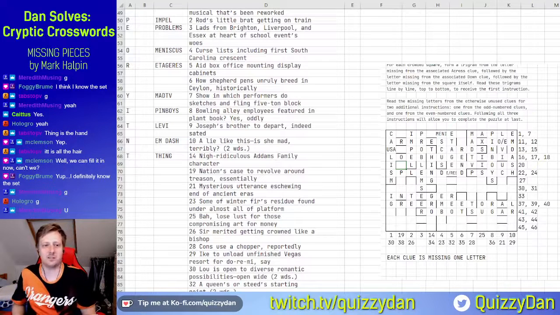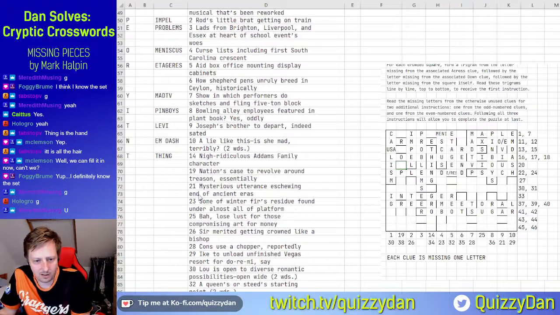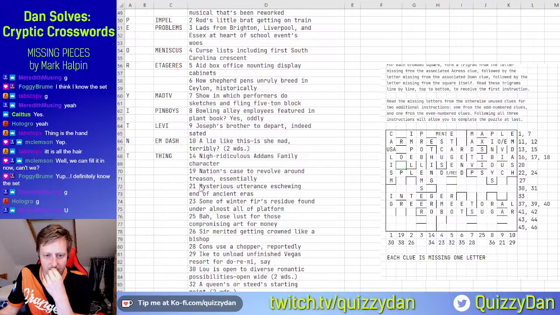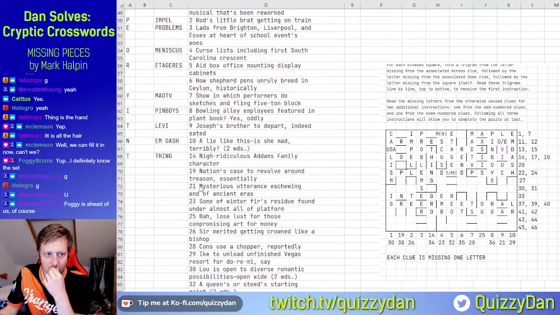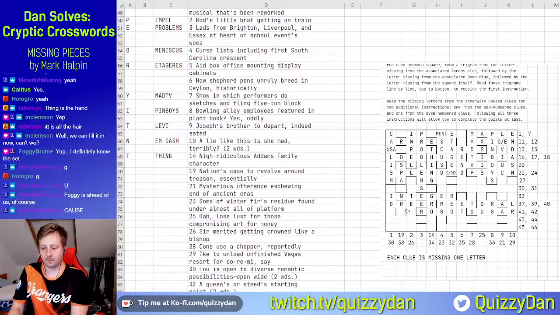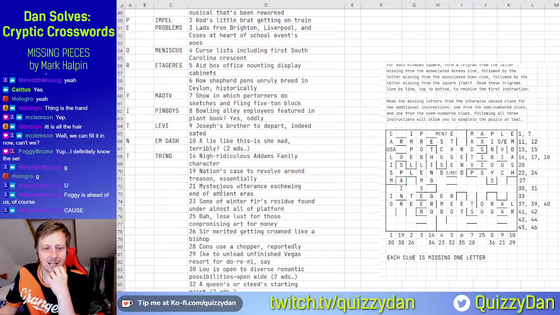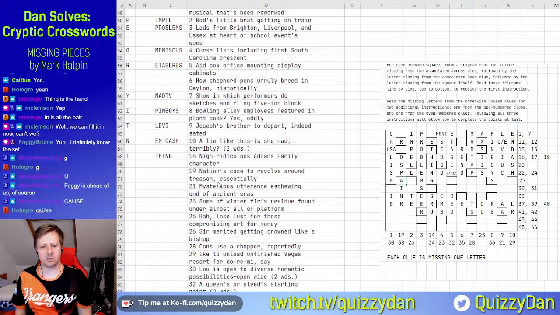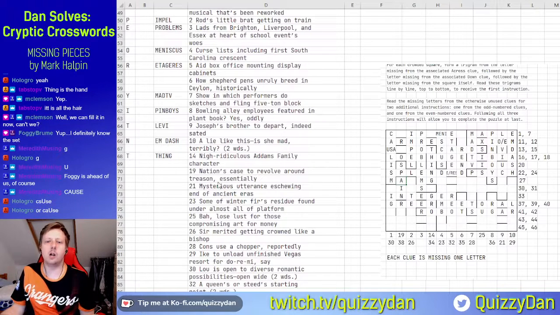But I do have the answer to this one. I don't know what the missing letter is. So, I think it's Spain, because that is the nation, and it's spin around A, because A is the essential part of treason. It's the middle bit. But what's the missing letter in Y? Because that is a nation. Why is Spain a cause? Oh, cause to revolve. Yes. Spain. So it's not revolve, it's cause to revolve.